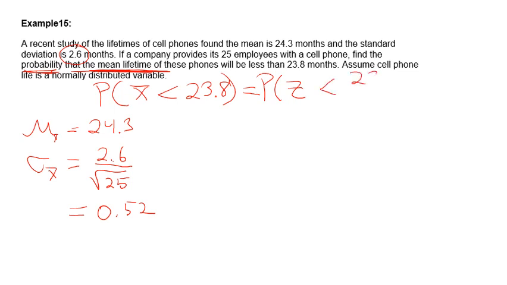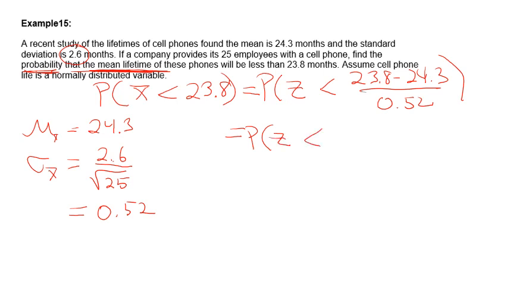We subtract the mean. We divide by the standard deviation. We have a calculator that works. And when we calculate that number, 0.96, this is exactly what the table is telling us. So we look up this number in the table and we get 1685.